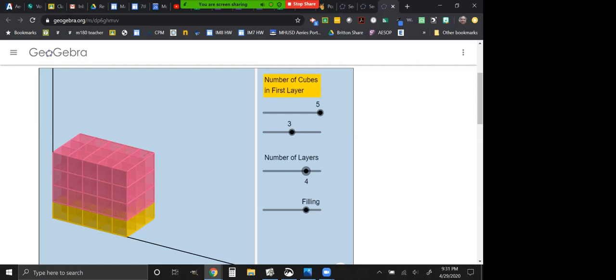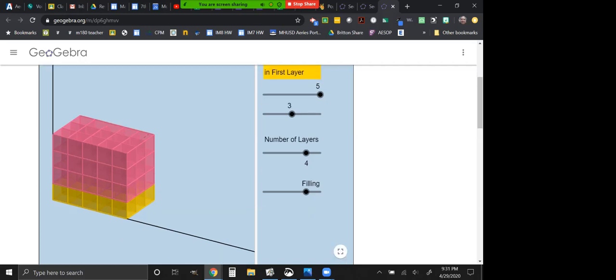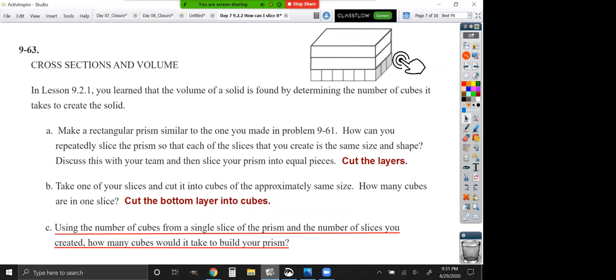So the trick to the math we're doing today is to find the number of cubes in the base area and multiply it by the height. You have to be careful, because the base is not always the thing it's sitting on. In this case it is, but we'll talk about that more in a little while.